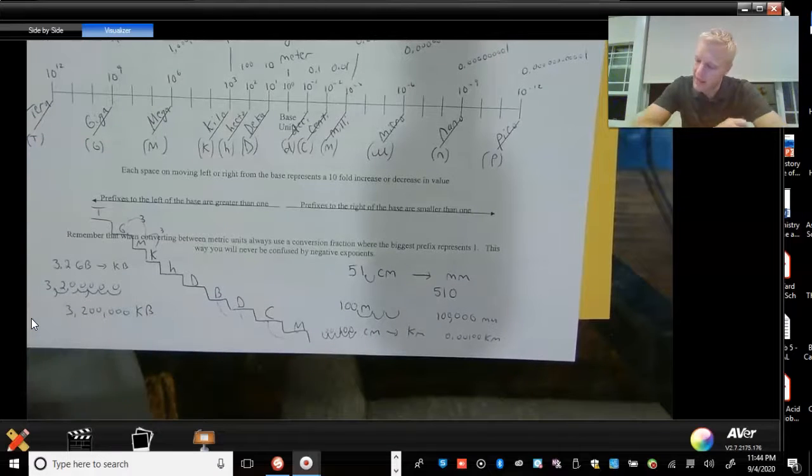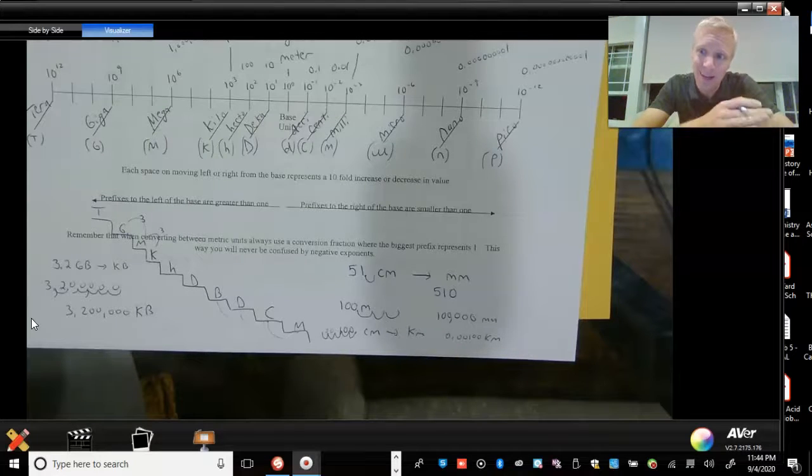There's basically 3,200,000 kilobytes in 3.2 gigabytes. So look at that, I'm doing science. I am converting different units of the metric system into different units within the metric system. And I'm doing it without doing too much math.